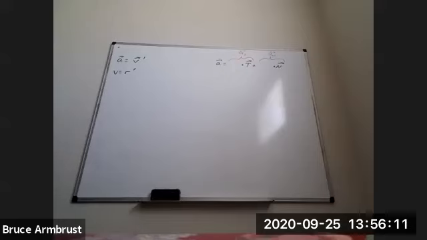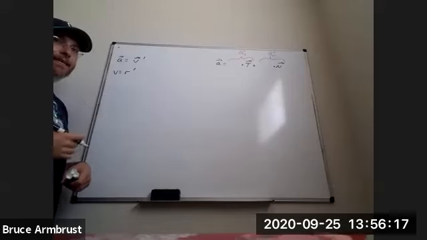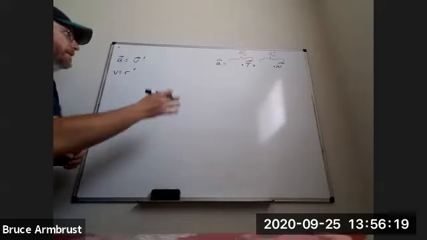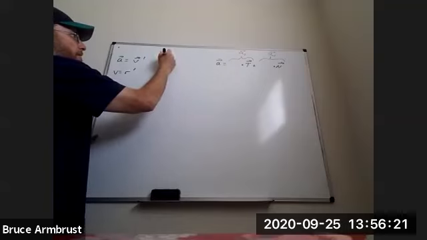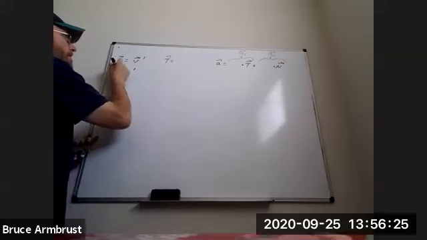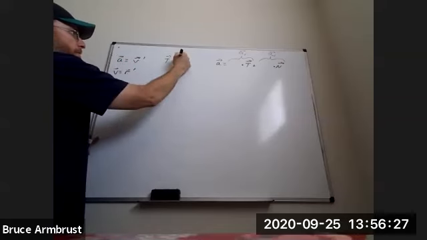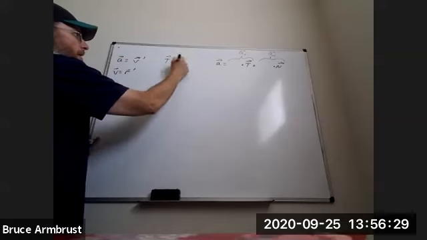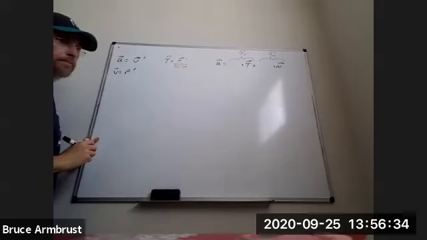Now, what I'm going to do is introduce big T. I'm going to get big T in here using what we know about big T. By definition, big T was equal to r prime divided by the magnitude of r prime.